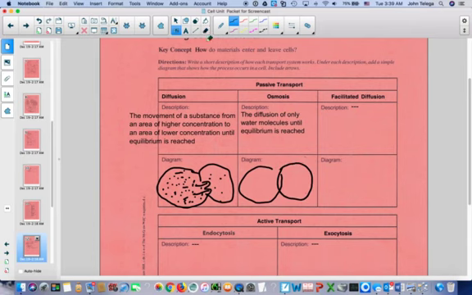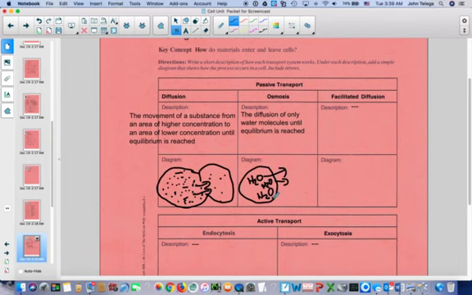Actually, I might just do this. I'll just do one cell and then going out. So like this, and then we got H2O, H2O, H2O, and then we got them going like this.